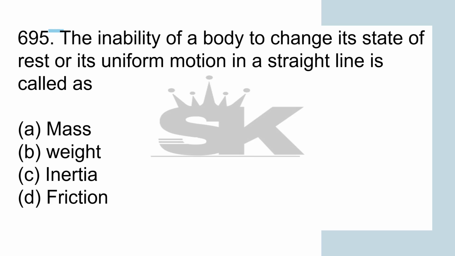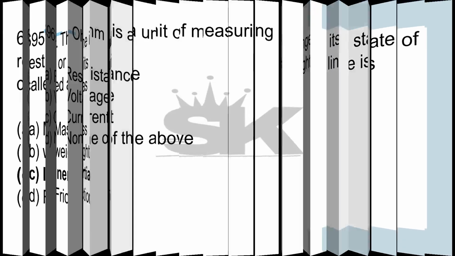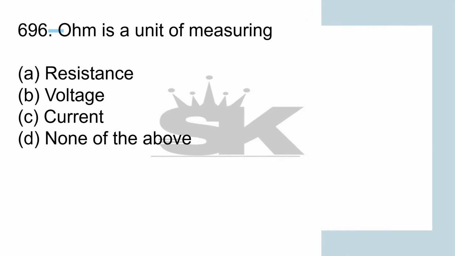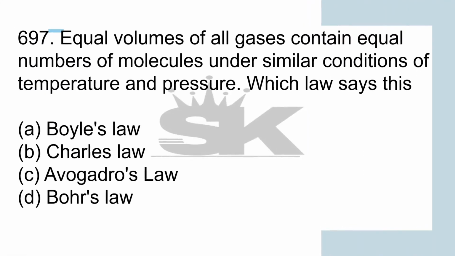The inability of a body to change its state of rest or its uniform motion in a straight line is called inertia. Ohm is a unit of measuring resistance. Equal volumes of all gases contain equal number of molecules under similar conditions of temperature and pressure. Which law says this?